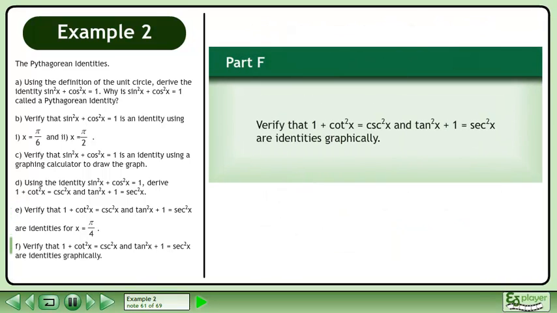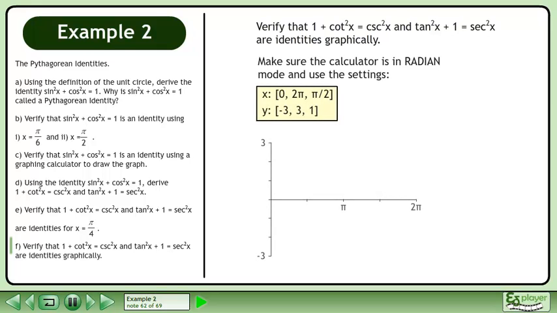In part F, verify that 1 plus cotan squared x equals cosecant squared x, and tan squared x plus 1 equals secant squared x are identities graphically. Make sure the calculator is in radian mode and use the settings shown.